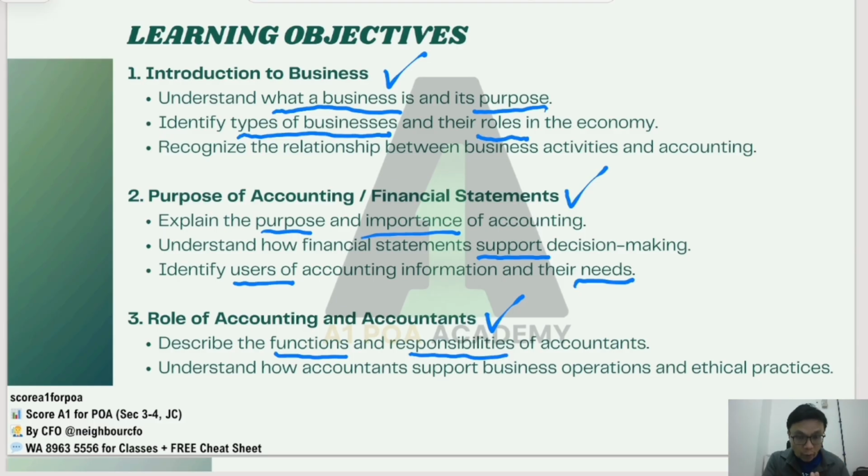From this point onwards, we must view accountants as business partners of the specific organization that he or she is working in. So how do they support business operation? And more importantly is the ethical consideration, the ethical practice that accountants should adopt. So with that in mind, let's go.